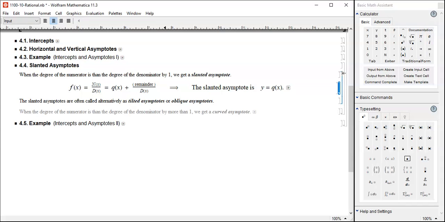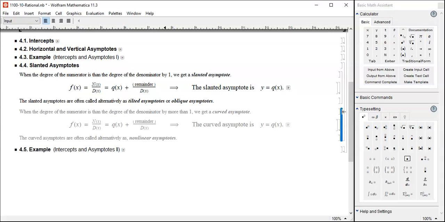Now, before going over example problems, let me show you one more picture here. If the degree of the numerator is more than 1 higher than the degree of the denominator, then you're going to get a curved asymptote. So the degree difference is 2 or higher. Theoretically, it's the same thing.